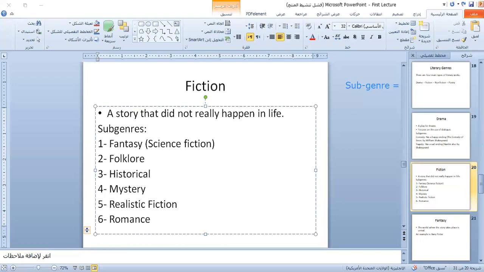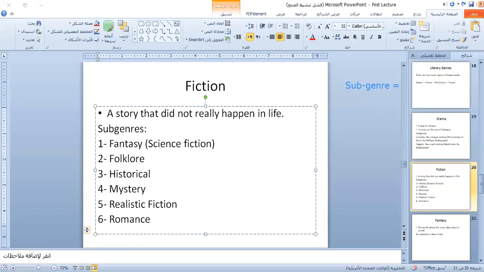Fairy tales are also considered a part of the folklore, like Rapunzel, like Cinderella, like Snow White. Legends like Zorro, and I told you, Batman. If you don't know Zorro, he's like Batman, but instead of riding a motorcycle, he rides a horse. In our Palestinian folklore, we have Juha.